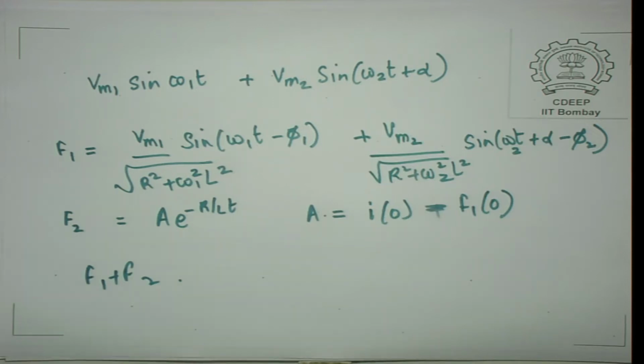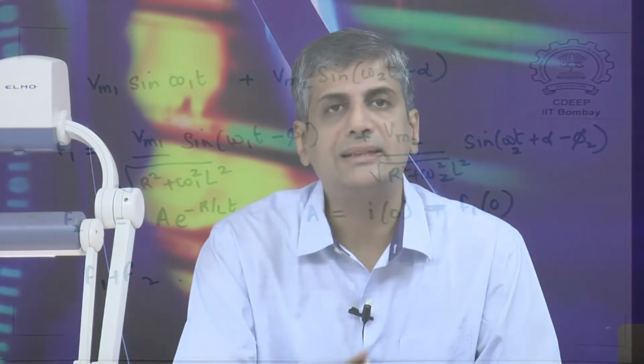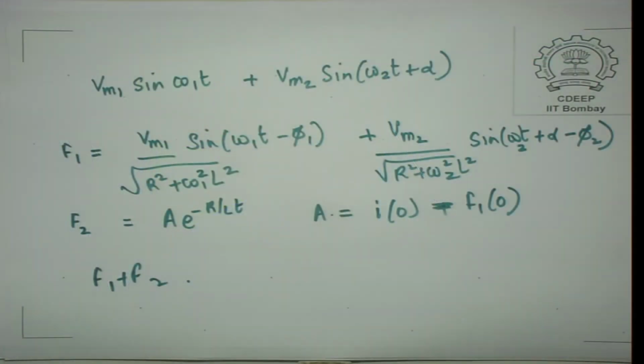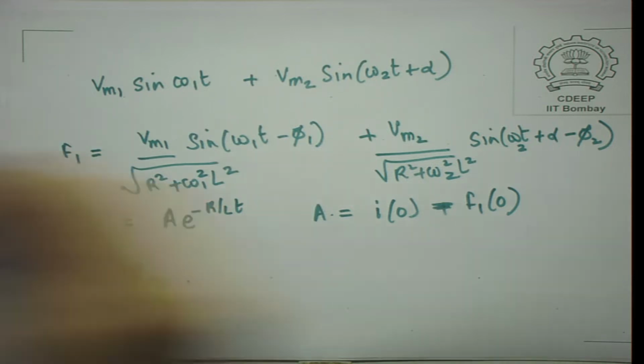If you have got two sinusoidal sources, you will get the steady state response to be the superposition of the responses due to each individual component. The natural response component has to be computed in this fashion here.